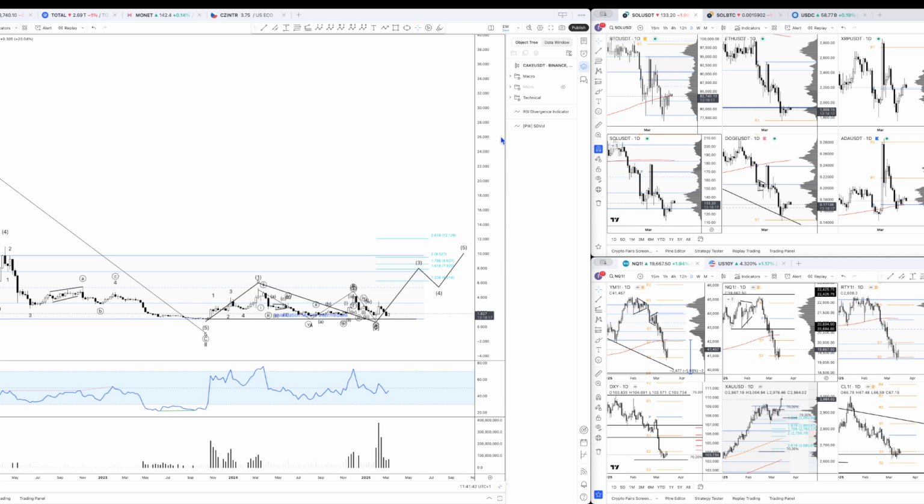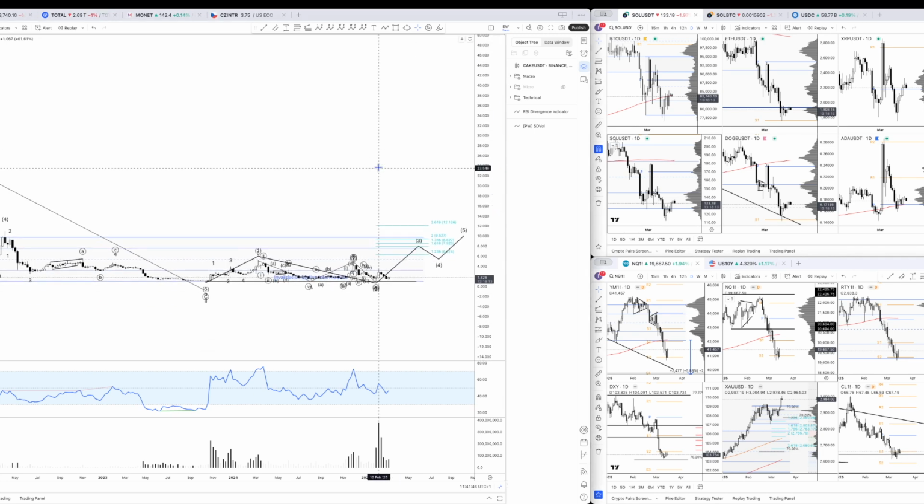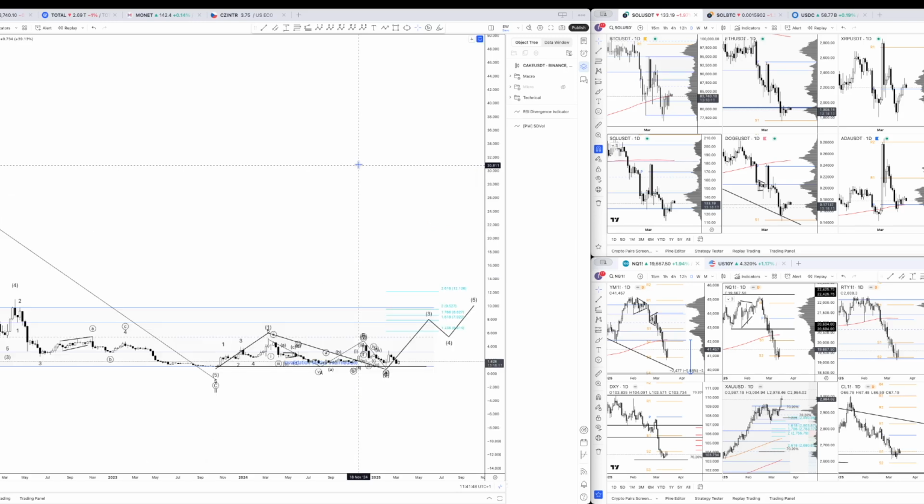I want to take a look today at Cake USDT. This is the weekly time frame on Binance. The reason I start with the weekly time frame as opposed to the 4-hour is because I think there is a strong probability that the bottom of this gigantic bear market correction, which started, when was it?